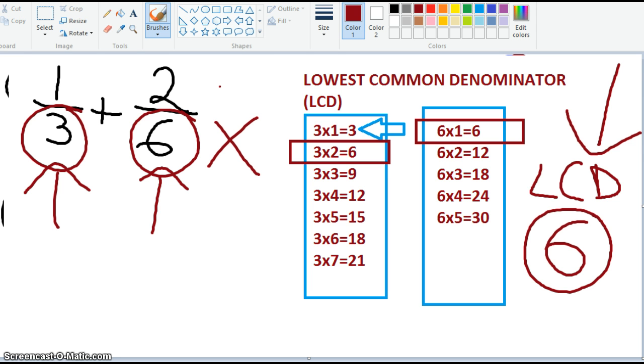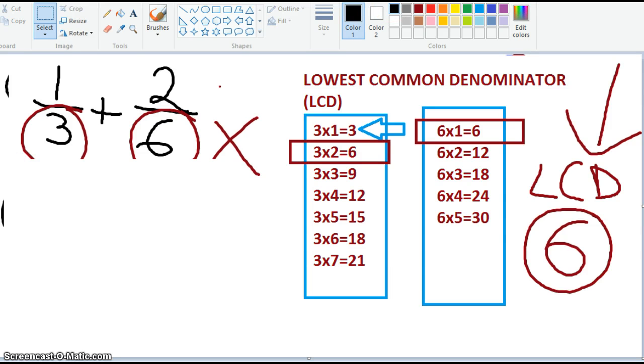So how do I actually go in and rewrite these fractions so that I can use that lowest common denominator? The first thing I'm going to do is rewrite this problem.